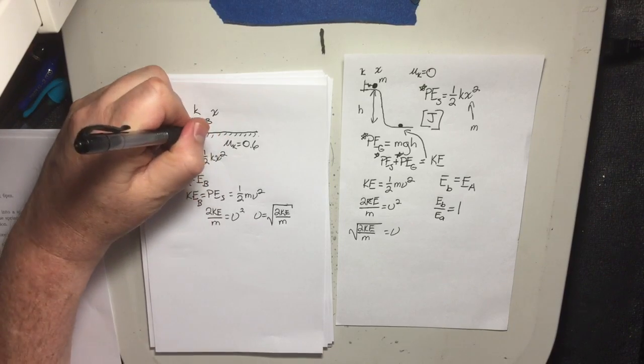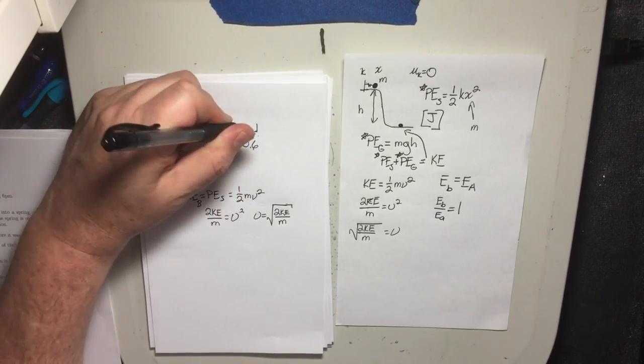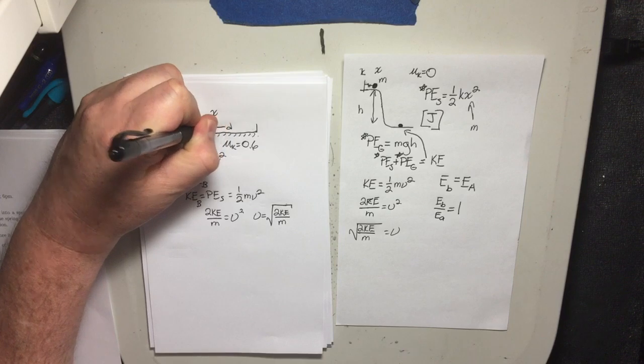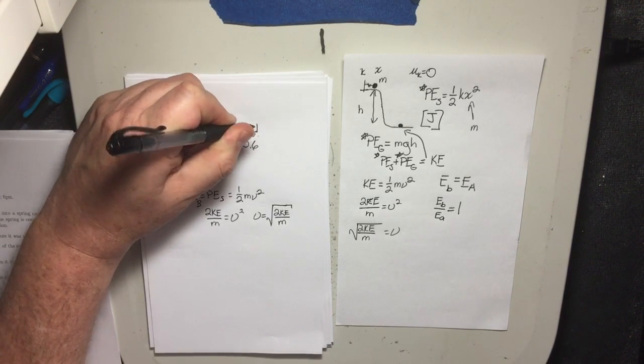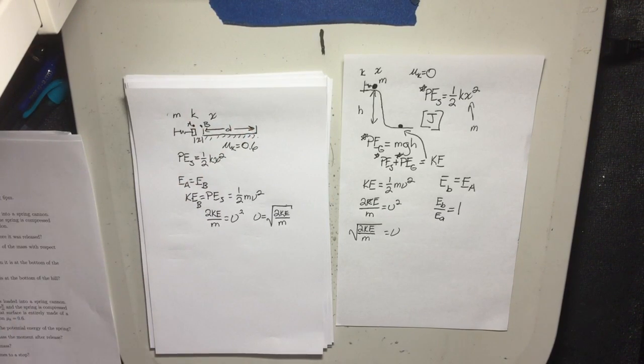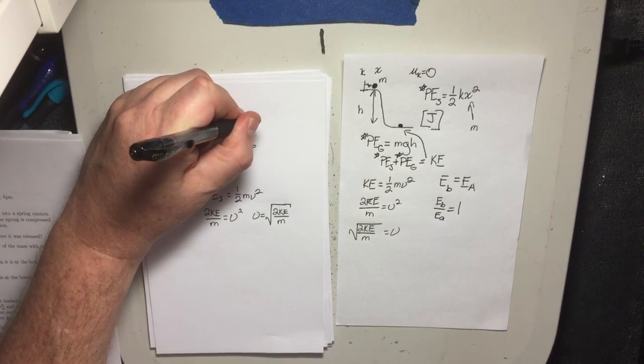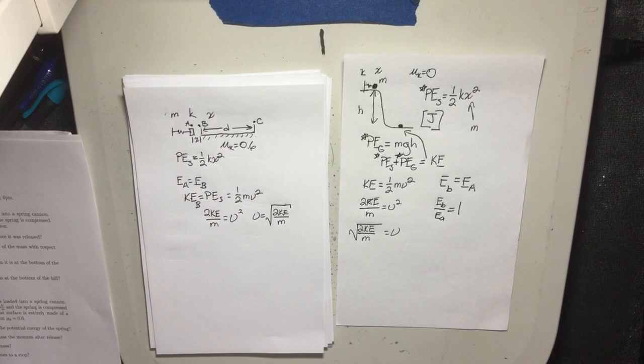Now, how far does it move before it comes to a stop? I'll say that distance is d. When it comes to a stop, there's no change in potential energy, so you can just forget about it. Potential energy is in gravitational. But all the energy at point C has been spent.